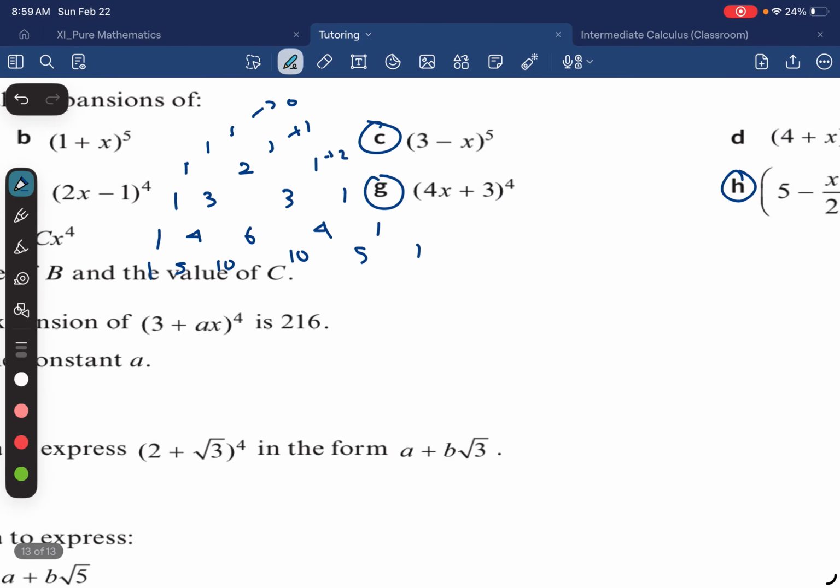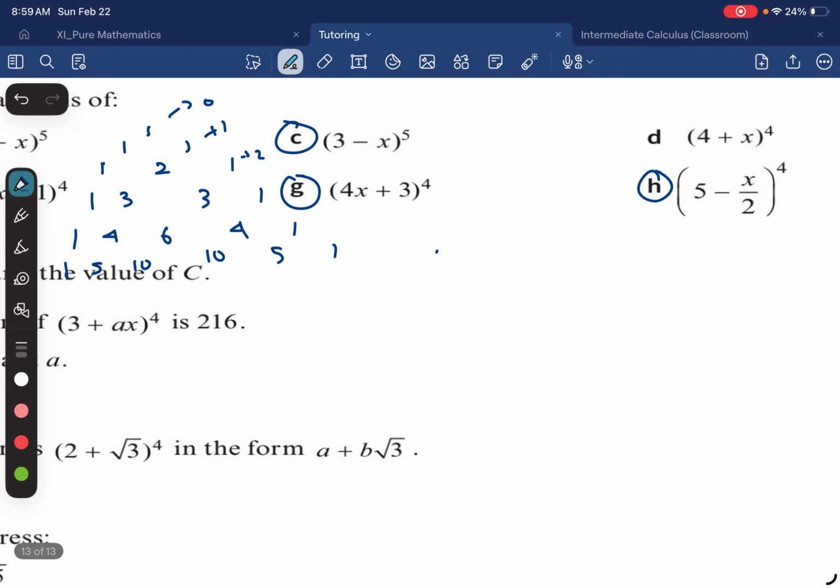So now, I'm starting with c. I'm given 3 minus x to the power 5. If you think about it, this is going to start from 3 to the power 5, and then go to 3 to the power 4, 3 to the power 3, 3 to the power 2, and 3 to the power 1. So that is how the terms are going to be arranged.